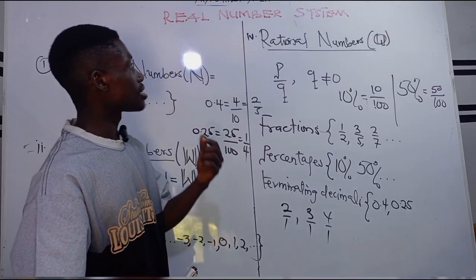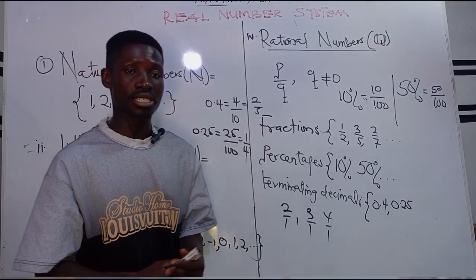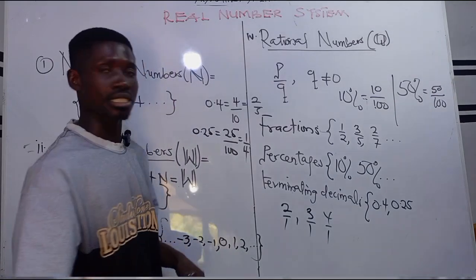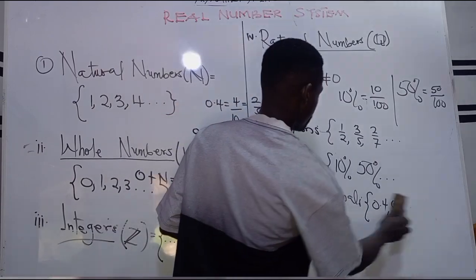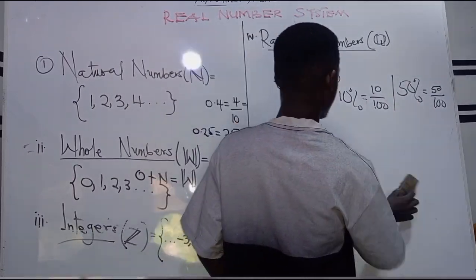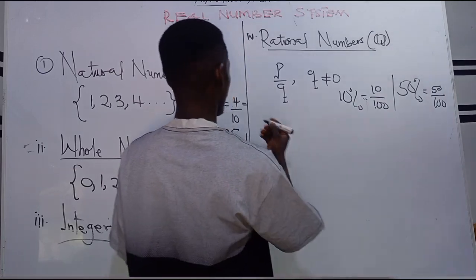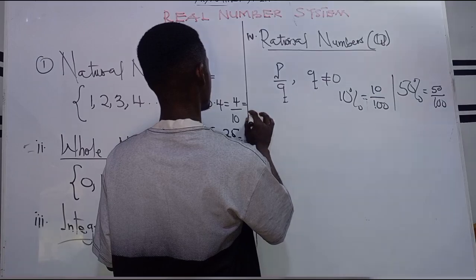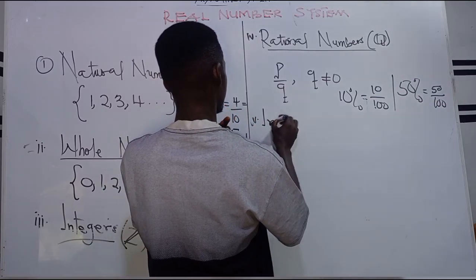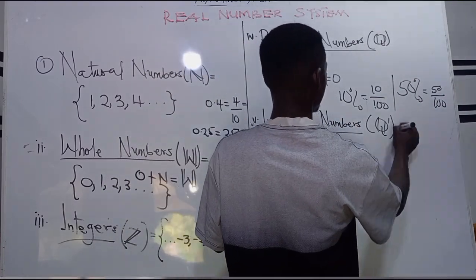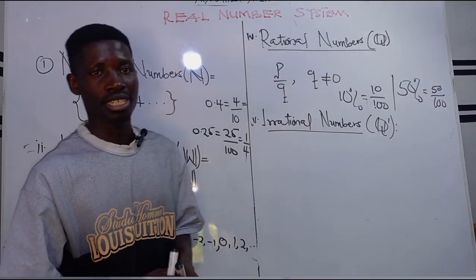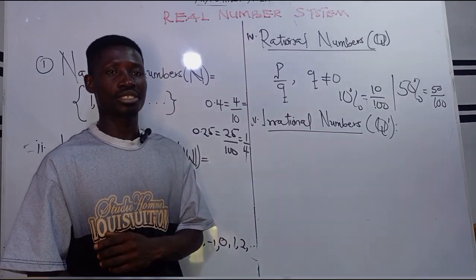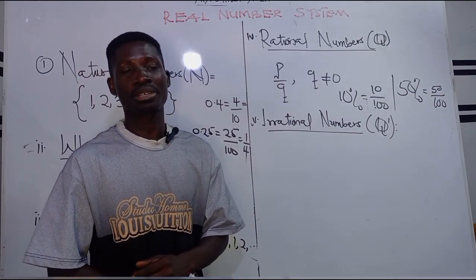Good. Now the next set of numbers that we shall also be looking at is called irrational numbers. If the number is not rational, then it is what? Irrational. So what are irrational numbers?